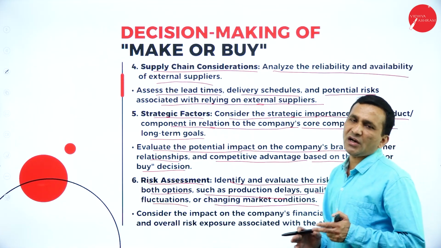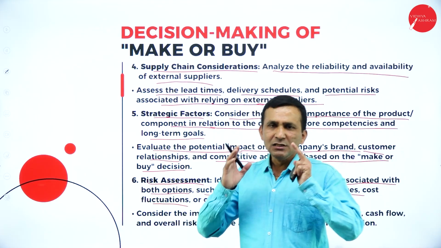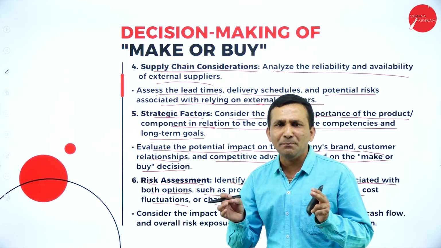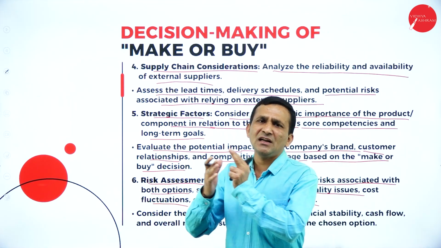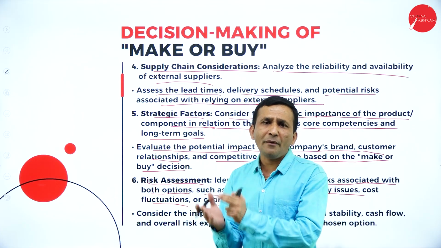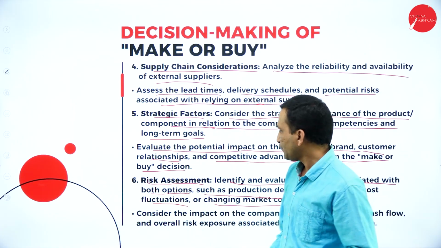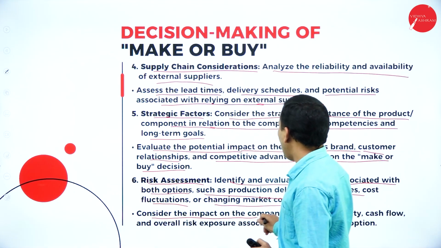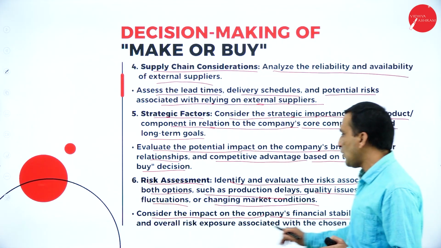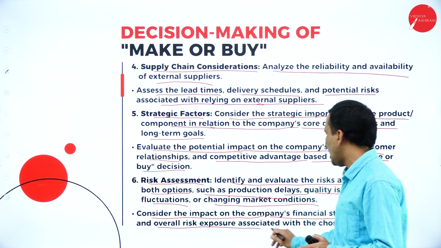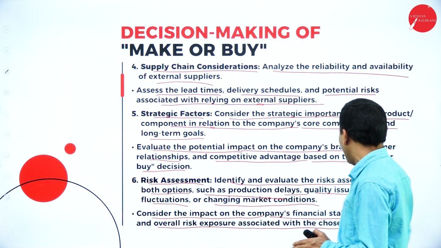Every factor is equally important. Production is not a simple word; it involves carrying out certain activities, so obviously we need to connect everything, considering the impact on the company's financial stability and cash flow and overall risk exposure associated with the chosen option.